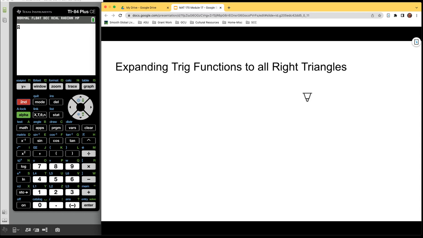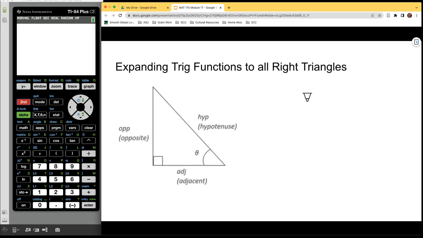So let's go further. Instead of just looking at a hypotenuse of 1, we're going to allow the hypotenuse to be anything it needs to be. And so we've got this triangle set up like this.